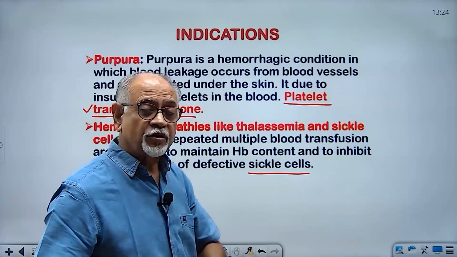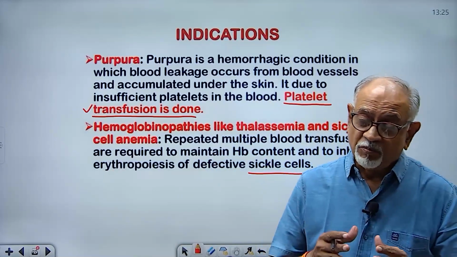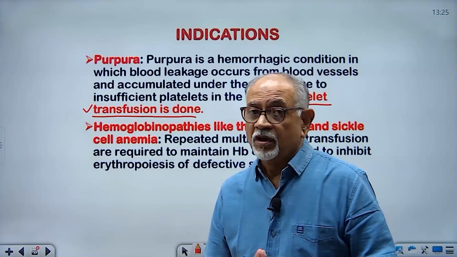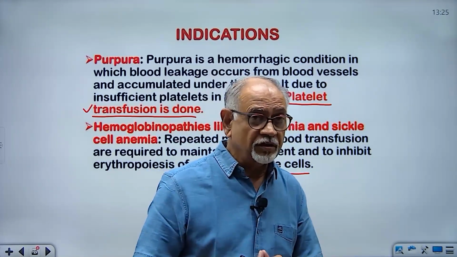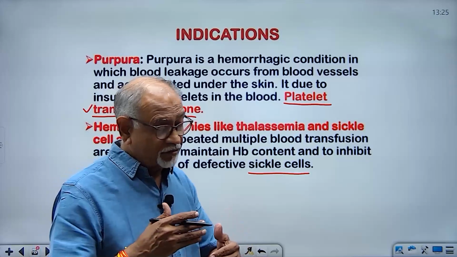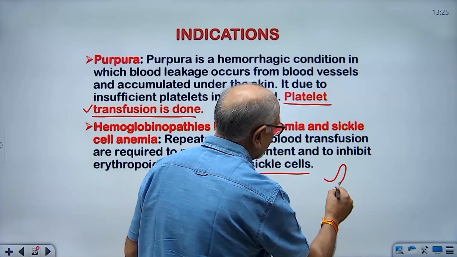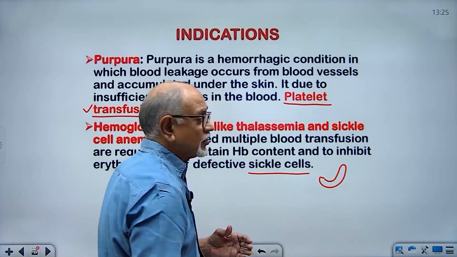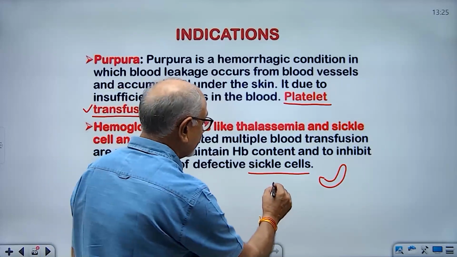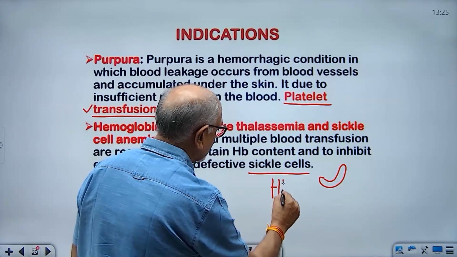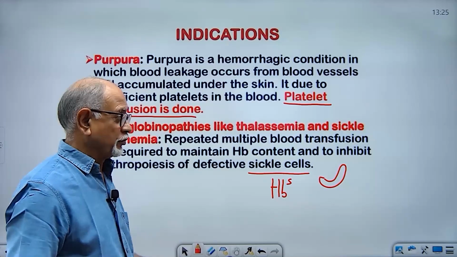Sickle cells are produced due to defect in the beta chain of hemoglobin. It is a point mutation. So, such cells which are not circular, they are sickle shaped and with defective hemoglobin, which is denoted as sickle cell hemoglobin, is produced.